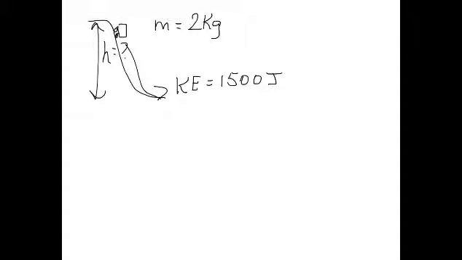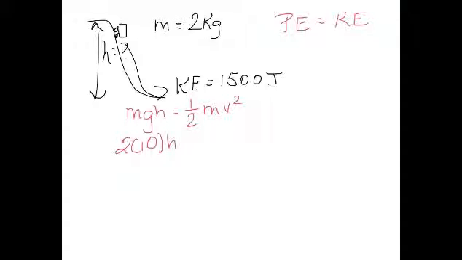That's our question. We know potential energy is equal to kinetic energy according to conservation of energy. So we know mass times gravity times height is equal to 1/2 mass times velocity squared. So that's 2 times 10 times height, h. Well, we don't even have to do the 1/2.